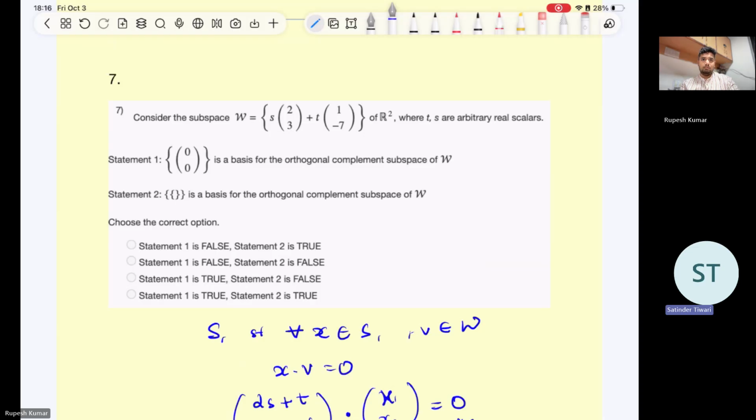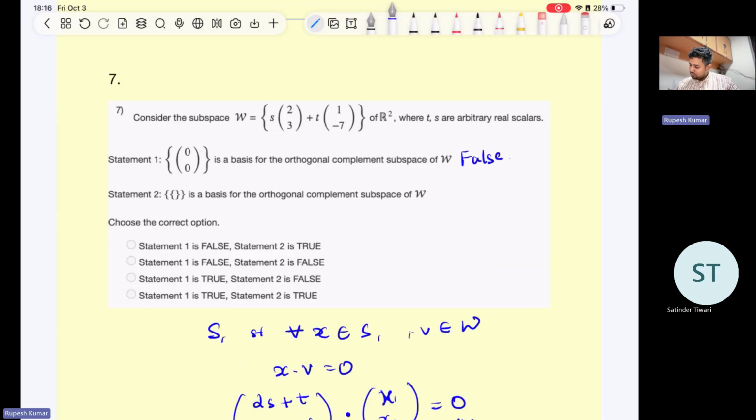Can you span something using the origin? No. If you take (0, 0), we can't span the space. So that will be false. So statement one is false.